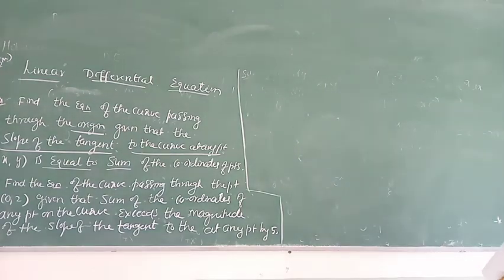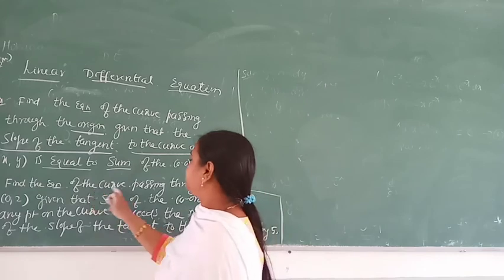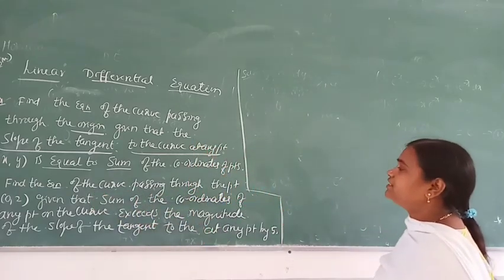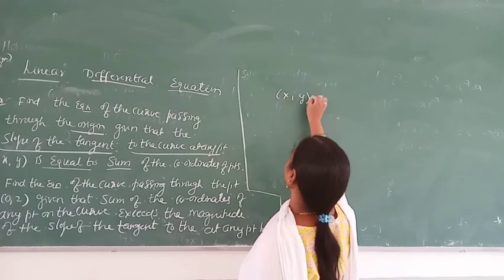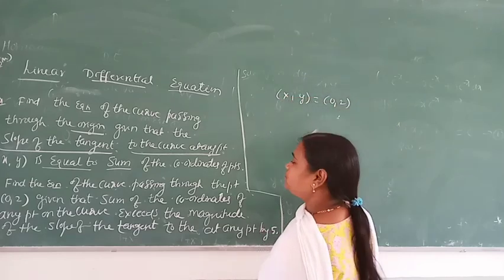The example is: find the equation of the curve passing through the point (0, 2), means the values of x and y given are 0 and 2.